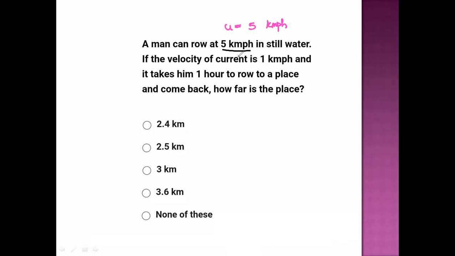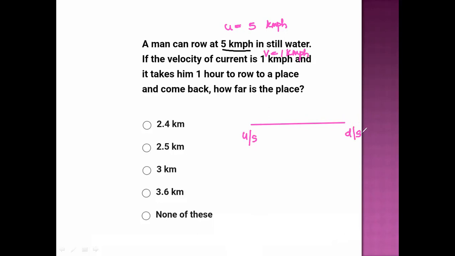If the velocity of the current is 1 kmph, the velocity of the current or the velocity of the river, both are the same, so he has given v. So v is equal to 1 kmph, and it takes him 1 hour to row to a place and come back. This is the upstream, this is the downstream.